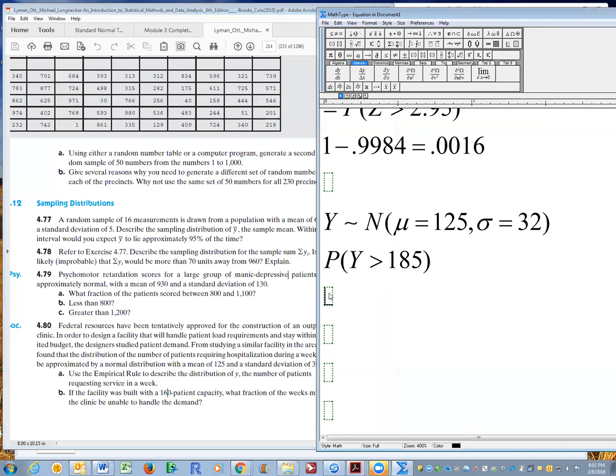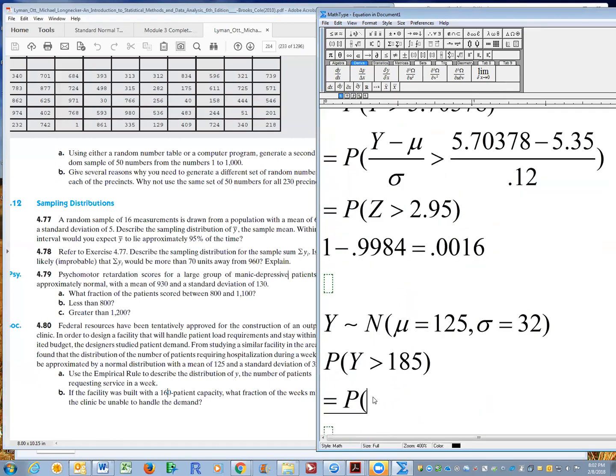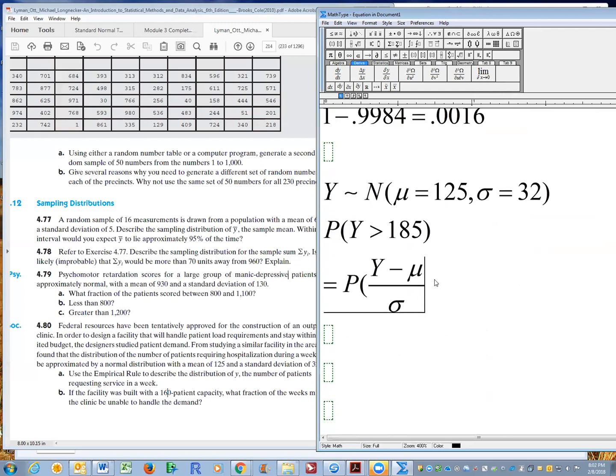And you would need to standardize Y. You standardize it in a similar way that we did up here. You subtract off the mean of Y and divide. I did that, and then I tried to do something with 52 because that's how many weeks were in the year, maybe making it a little more difficult than it is.